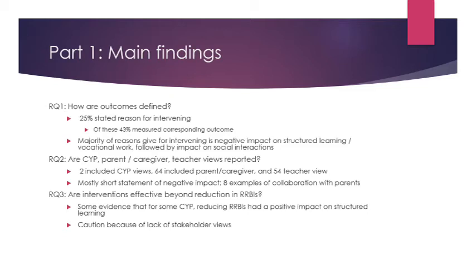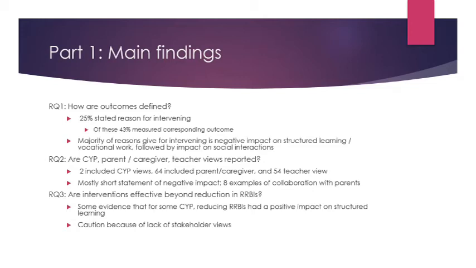Now, I haven't presented these as a percentage because it was quite hard to know when parents or teachers would have been involved. There might have been children in residential schools, for example, or children who were home tutored. And also with children and young people's views, there might have been communication barriers, but those weren't reported.